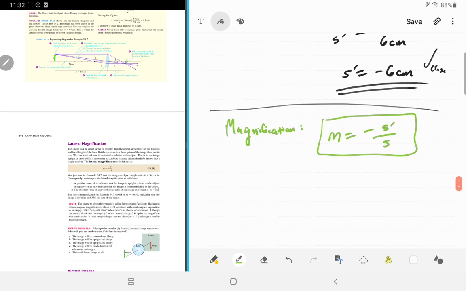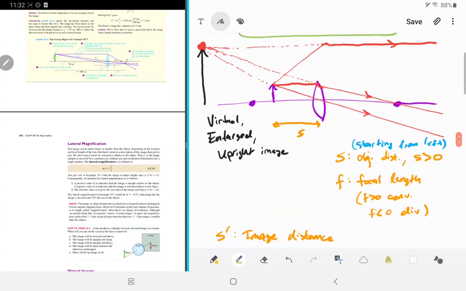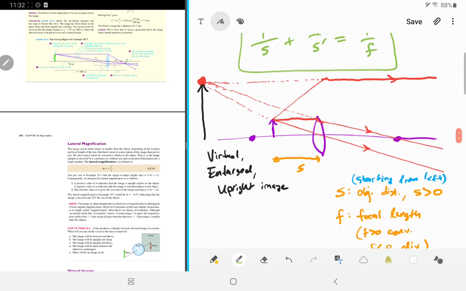This tells you exactly how big the image arrow is relative to the object arrow. And the sign tells you whether your image is upright or inverted. In this example, I would expect the magnification to be a number bigger than 1 and positive, because it's upright and it looks like our image is bigger than our object.